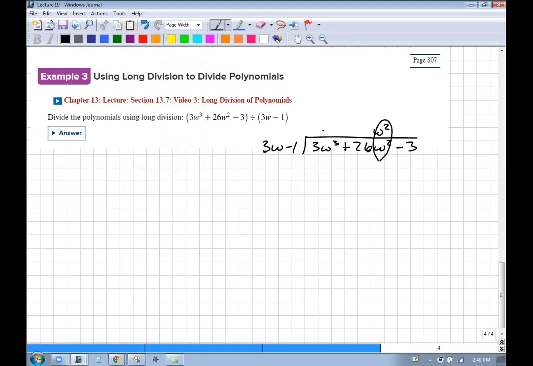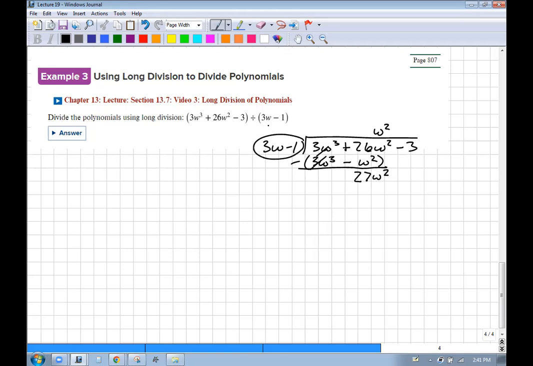I'll put it over here in the w squared column. So w squared times a 3w gives me my 3w cubed, right? But I also get a minus w squared. Now we subtract these. These, of course, cancel. 26 minus a negative is a plus. That gives me 27w squareds.